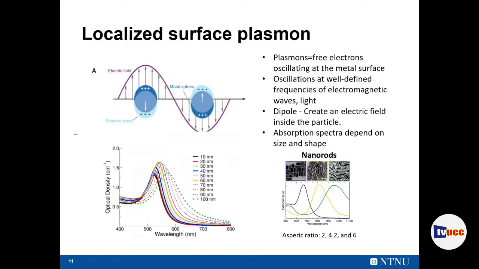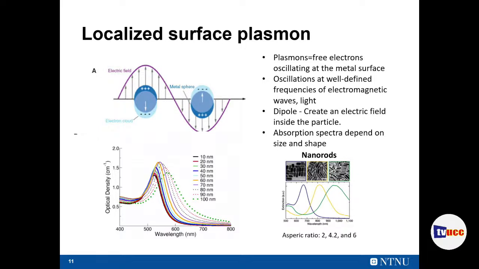And just to explain a little more about this, what we call the localized surface plasmon, because when you have metals like silver and gold, they will have free electrons. There will be free electrons oscillating on the surface of the particle, and those free electrons, that is what we call plasma.